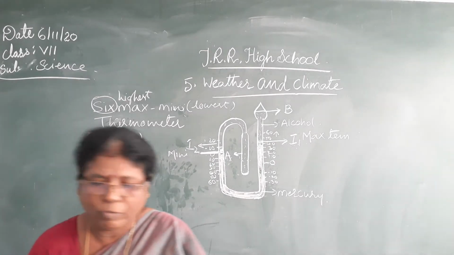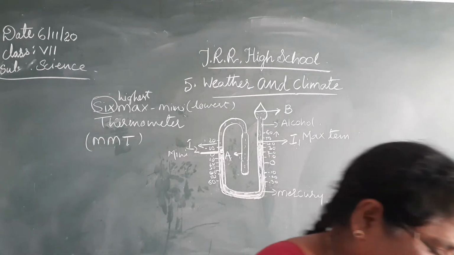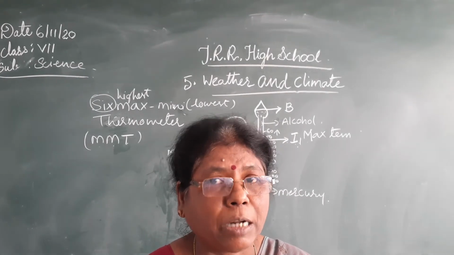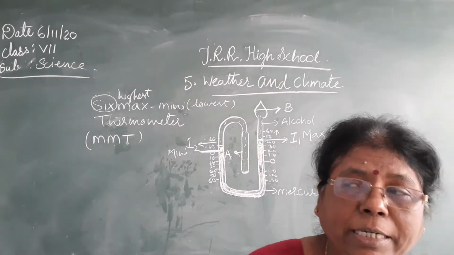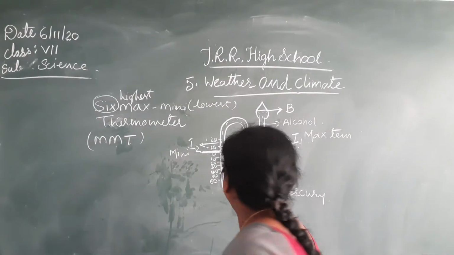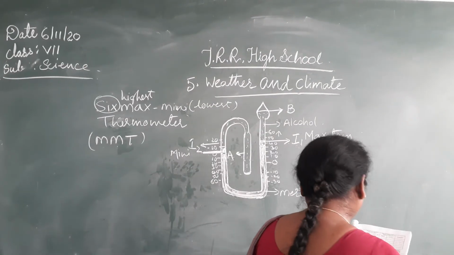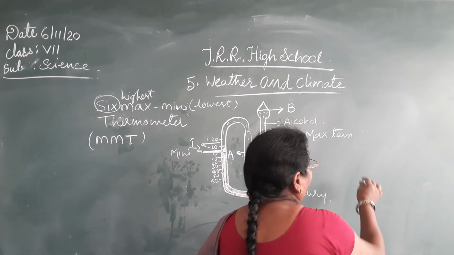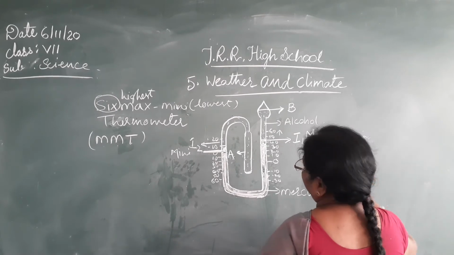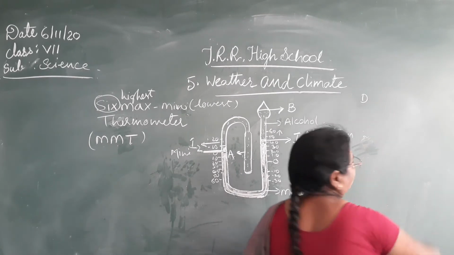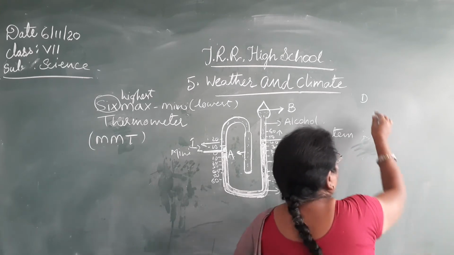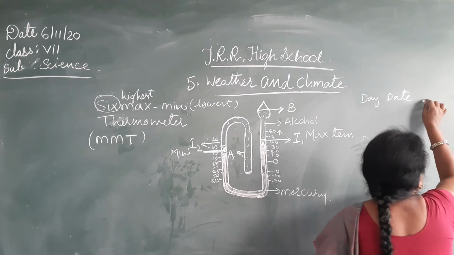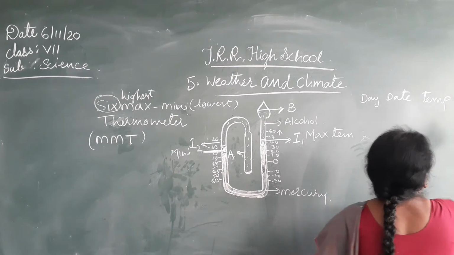Understood? Now here we will learn how to record this maximum temperature by using a graph. How to do it? Already we did maximum minimum temperatures. Here one activity I will show you. Days are given for you: Day 1, 2, 3, 4, 5, and the temperature of a place.